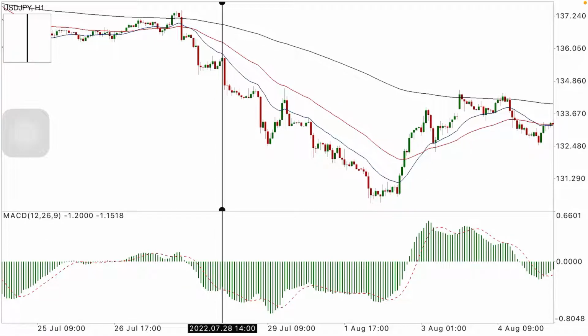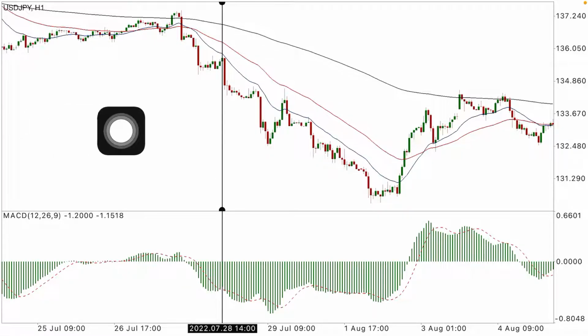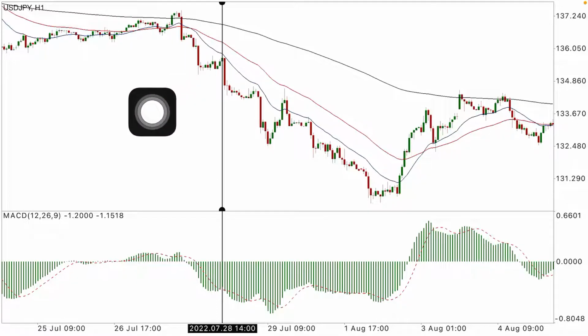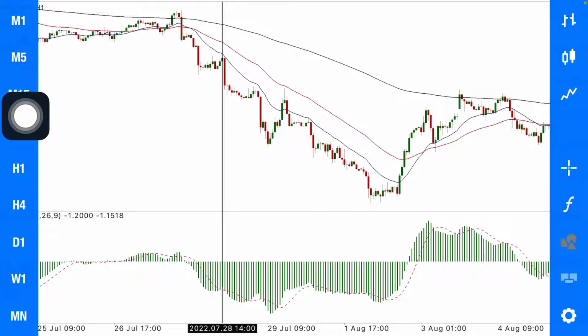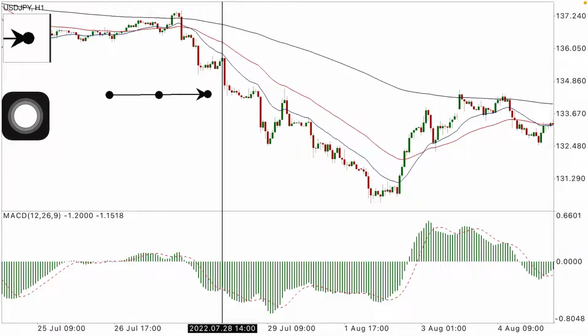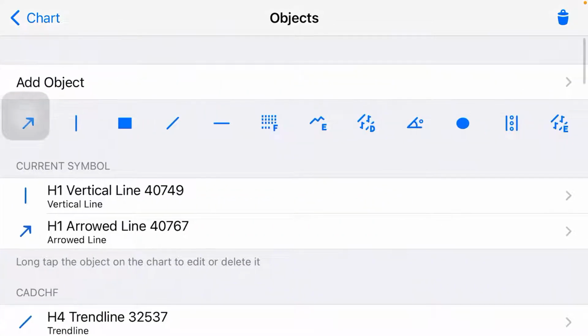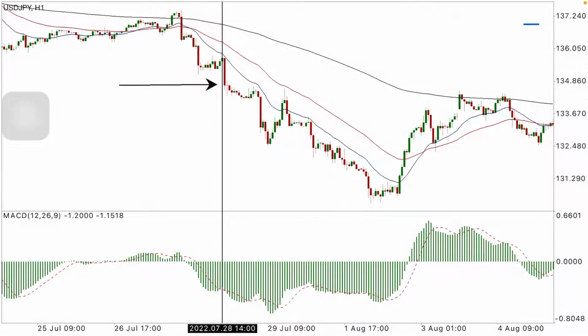In this case, this is going to be your entry. What happened is that the candlesticks came down below all 3 EMAs and went to retest the EMA. So your entry should just be right at this point, and your stop loss should be just above the EMAs.